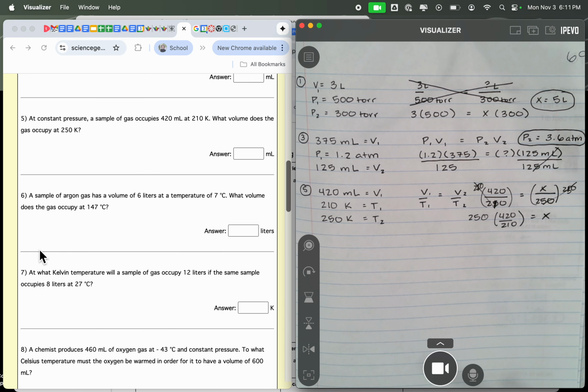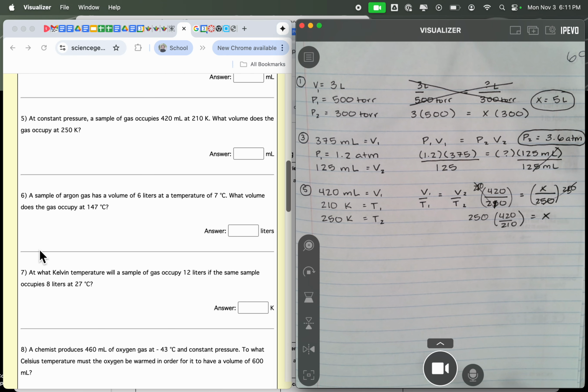A sample of argon gas has a volume of 6 liters at a temperature of 7 degrees Celsius. So I know I'm going to have a temperature 1 and a temperature 2. It wants to know what's the volume when the temperature is 147 degrees Celsius. Well, here's the problem.